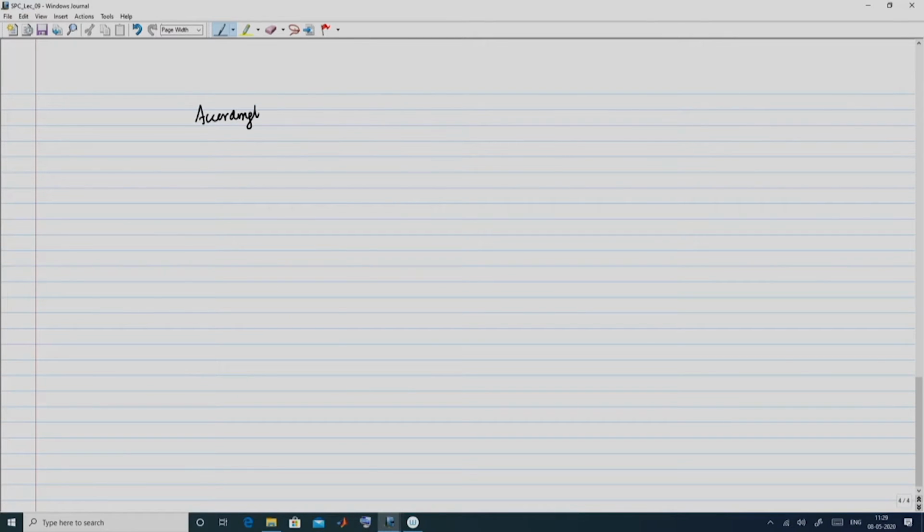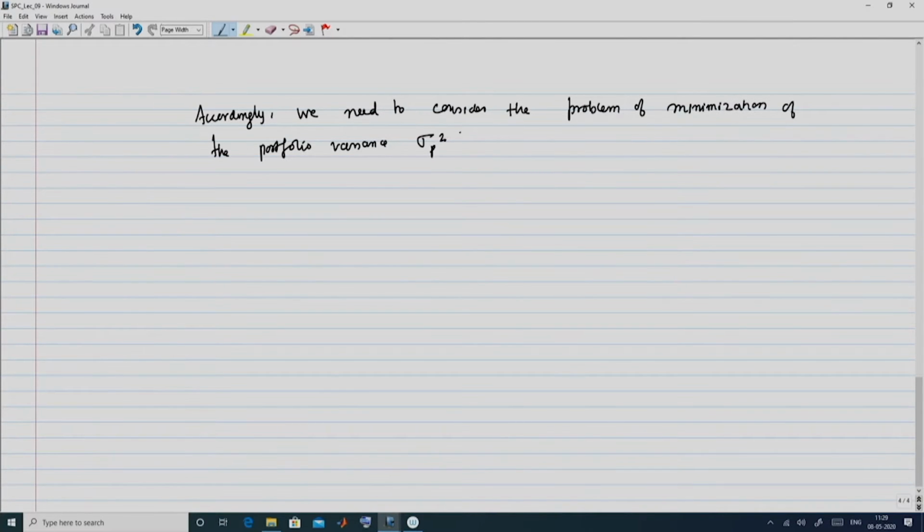Accordingly, we need to consider the problem of minimization of the portfolio variance sigma p square for a given level of expected return E(r_p).